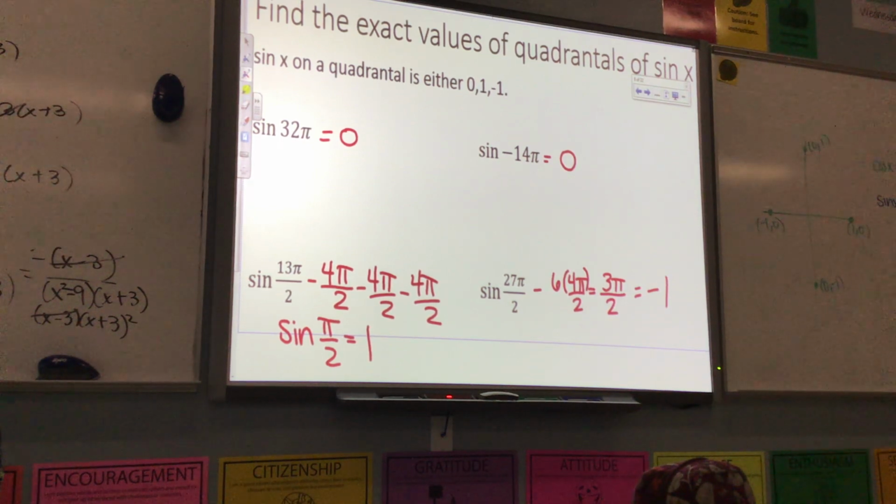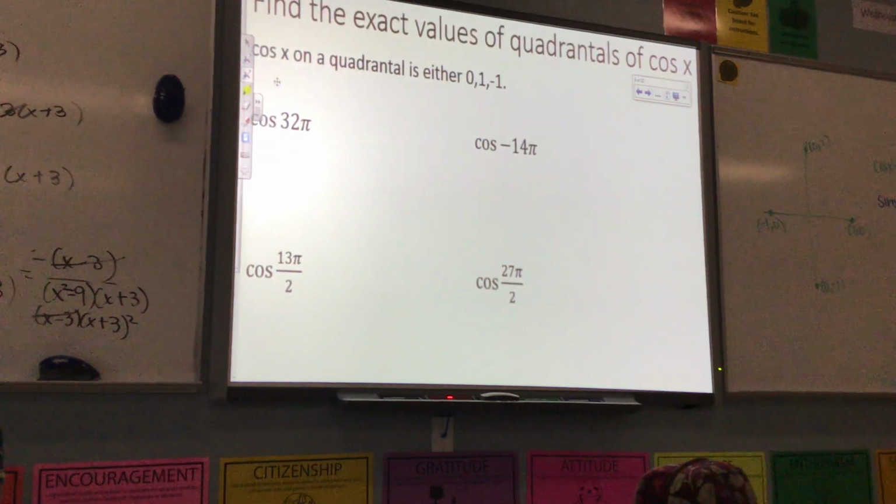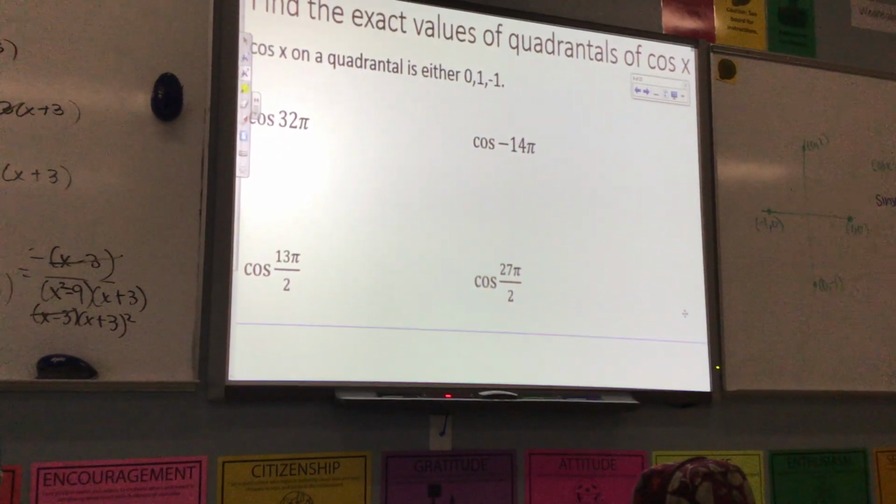Okay, so you can use your graph to help you find your exact values. I want you to do the same thing with cosine. These are the exact same angle measures. But look at your cosine graph and see what pattern you can figure out to know what the values of these will be. Or if you're a chart person, use the chart.